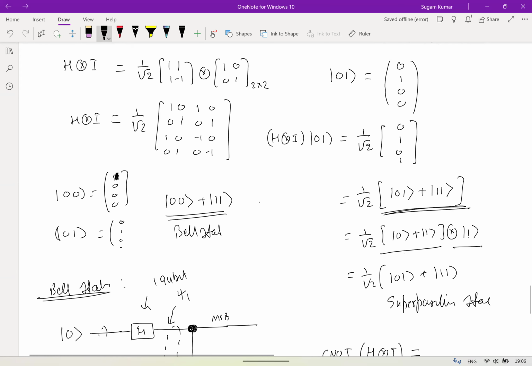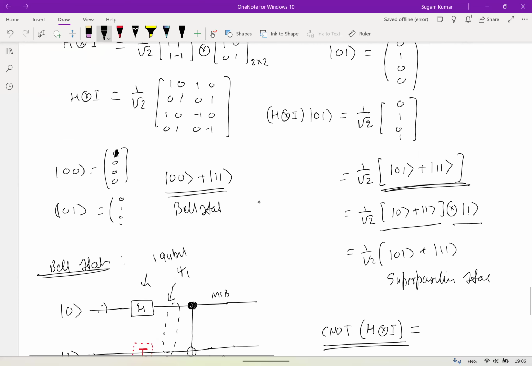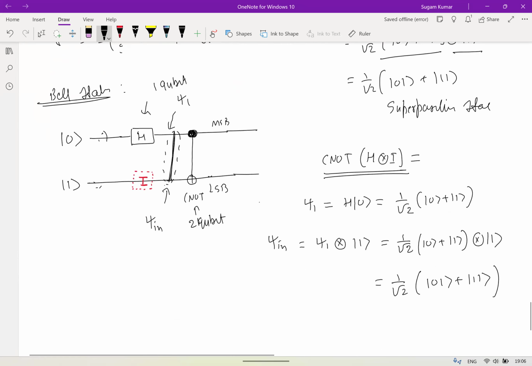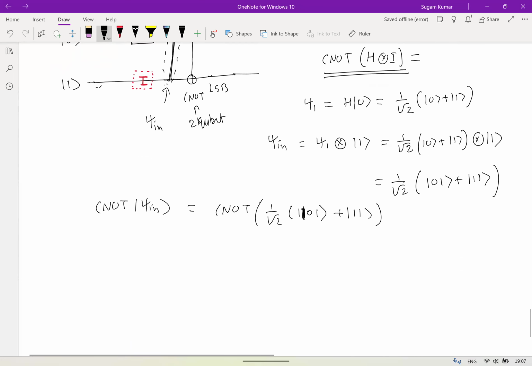This is what we also did in the previous one, no? Up till this location, we are the same as the previous one. Now on this state, you're going to apply the CNOT. So the CNOT is going to operate on psi in, that is 1 by √2 times (0 1 plus 1 1). What will it do?